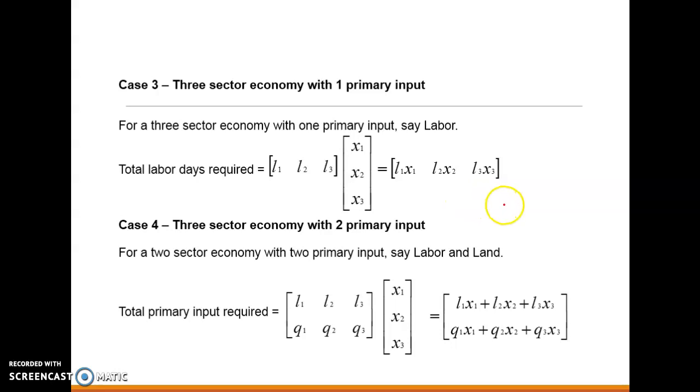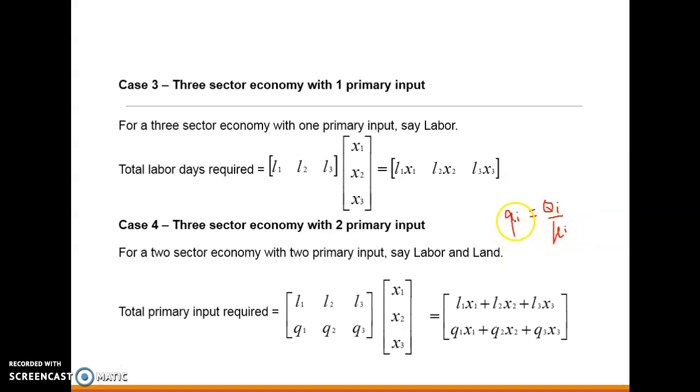So the formula is simple: Qi is equal to total Qi divided by Xi. Sorry, the writing pad is very difficult. So Qi is equal to capital Qi divided by the output Xi.